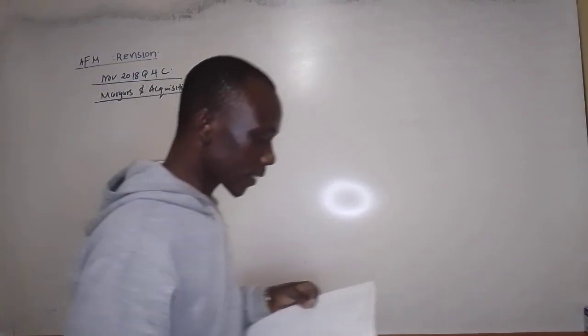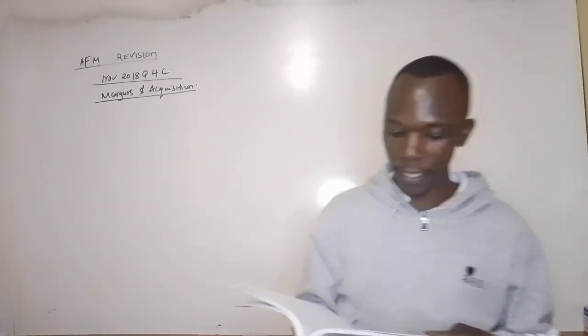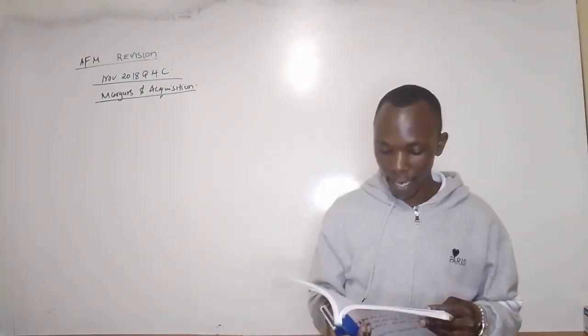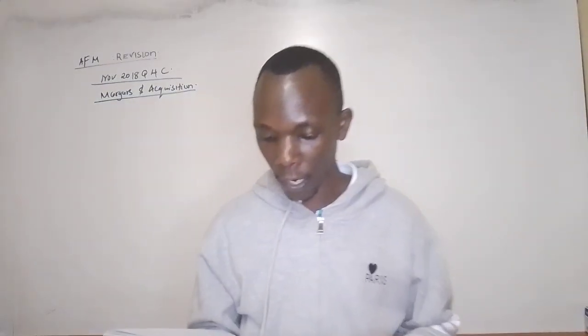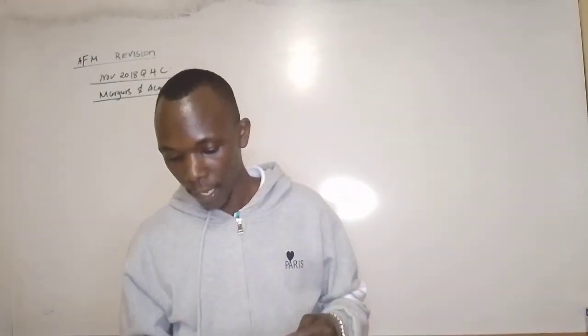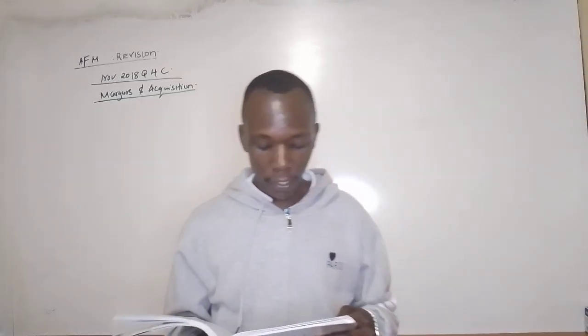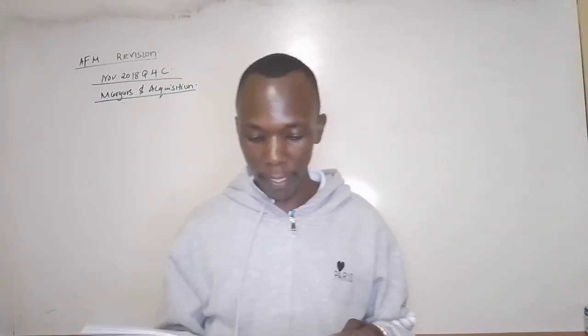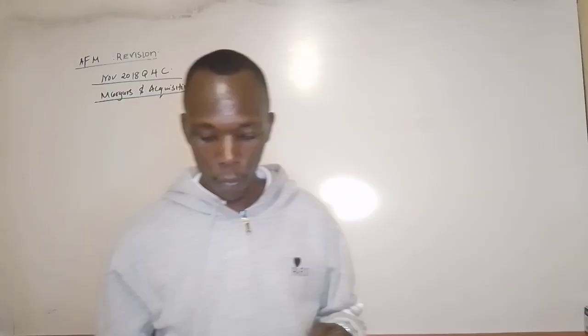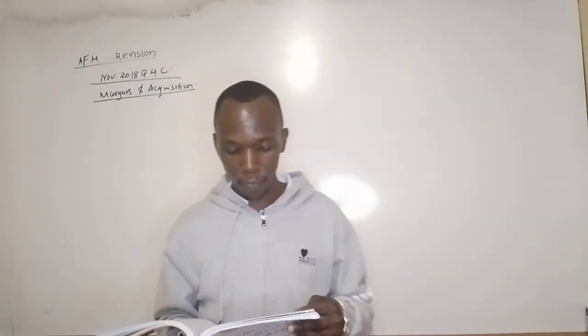So let us discuss on that area, and this is what we are told: that Chiruru Industries Limited is considering acquisition of Roka Corporation Limited in a share-for-share exchange. The financial data for the two companies are given below. We have Chiruru and we have Roka.